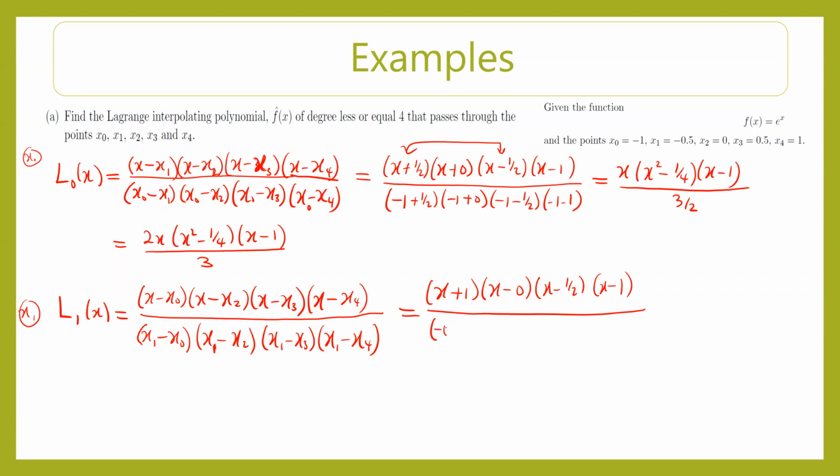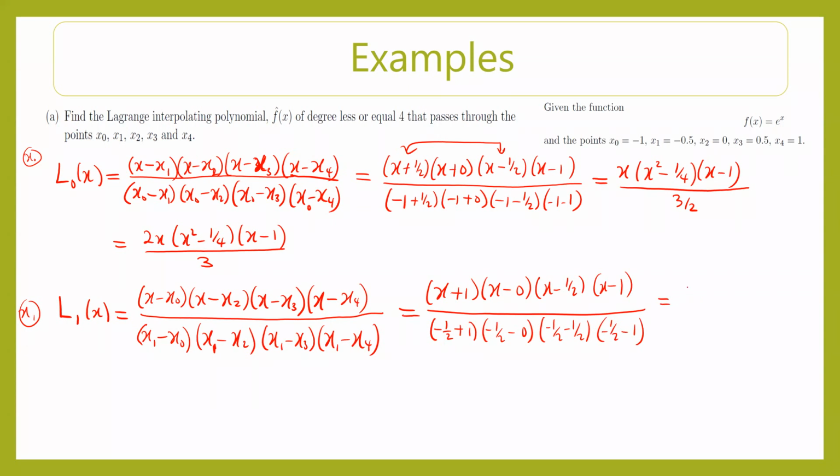So I'm going to have minus 1 over 2. If you like, you use 0.5. I usually avoid decimals. So minus 1 over 2 plus 1 here, minus 1 over 2 plus 0 here, minus 1 over 2 minus 1 over 2 here, minus 1 over 2 minus 1 here.